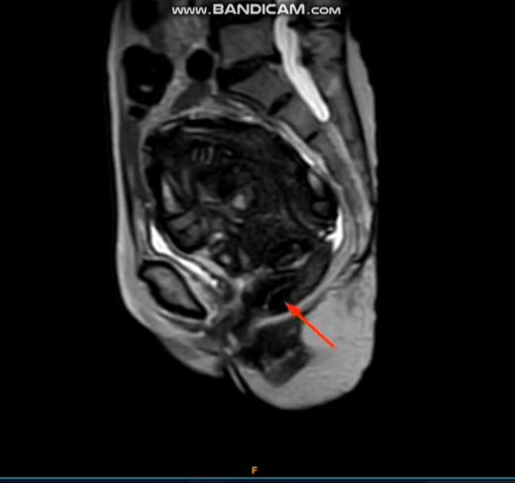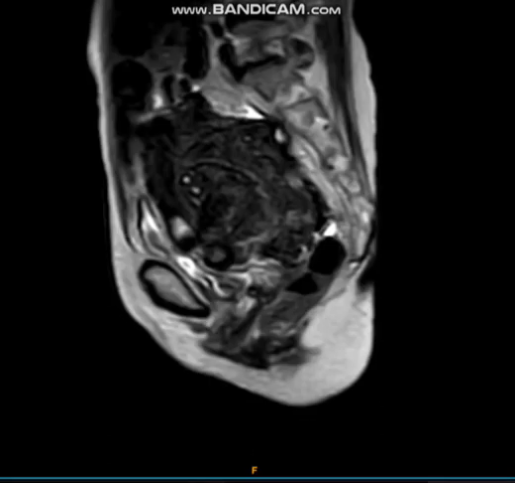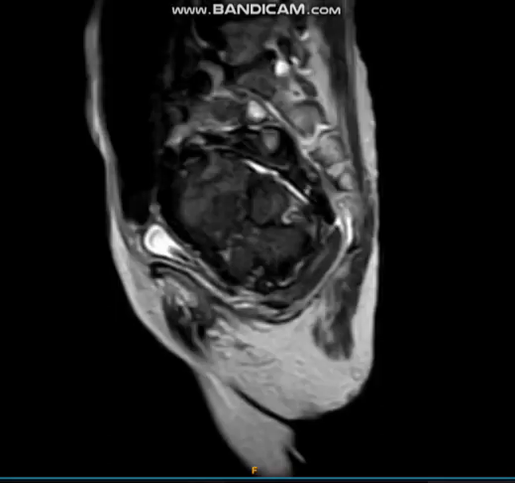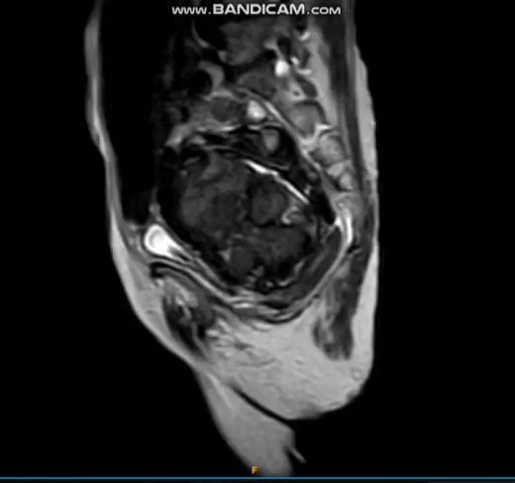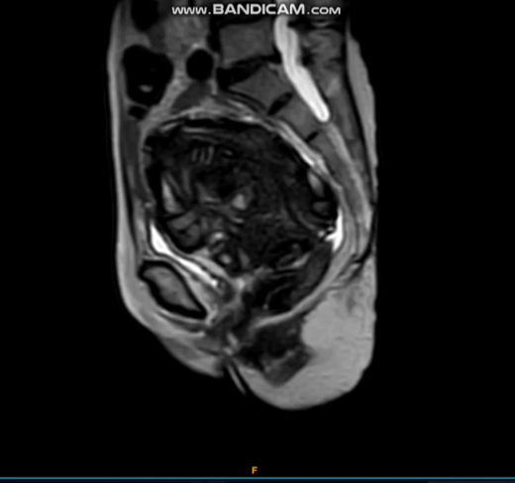This is the cervix, and we can also appreciate the uterine wall. This is the uterine wall, which is displaced posteriorly.